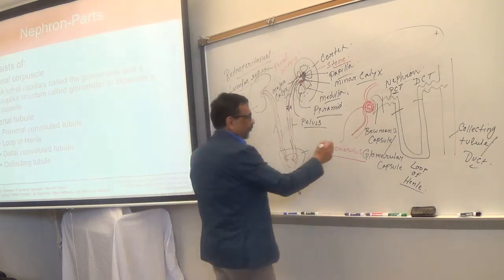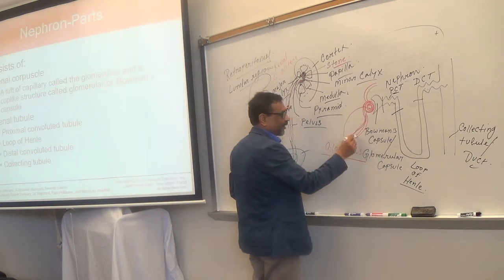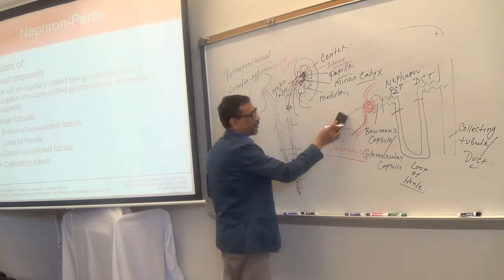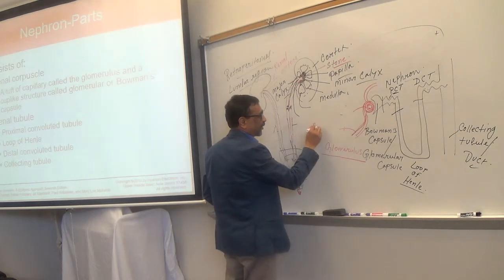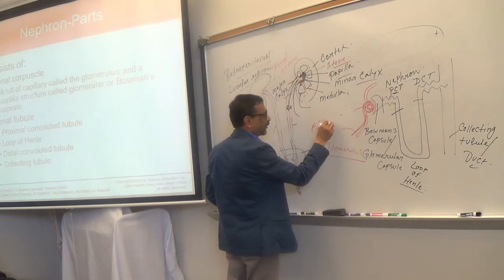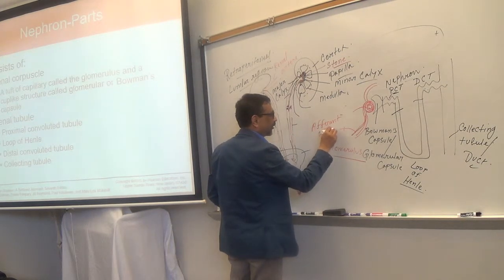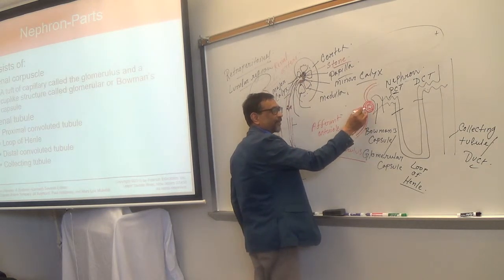So blood enters into the glomerulus this way, and this is called the afferent arteriole, a small artery that brings the blood into the glomerulus.